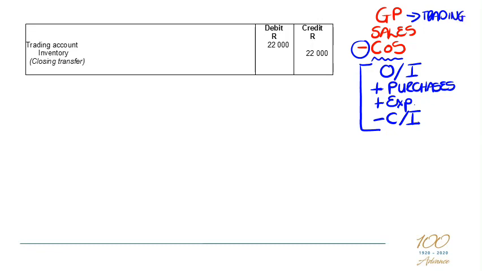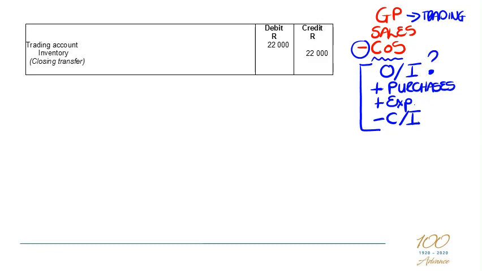So I'm going to start off by trying to close off opening inventory to the trading account. In your inventory account, you had the 22,000 as the opening balance, and you could not touch the inventory account during the year.